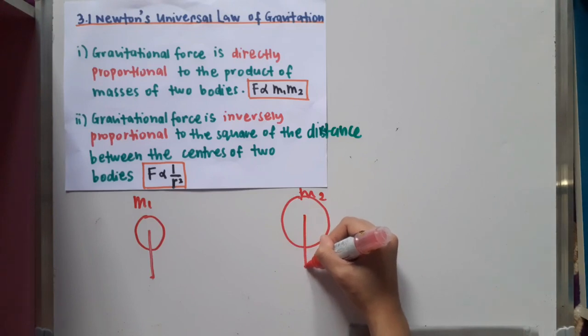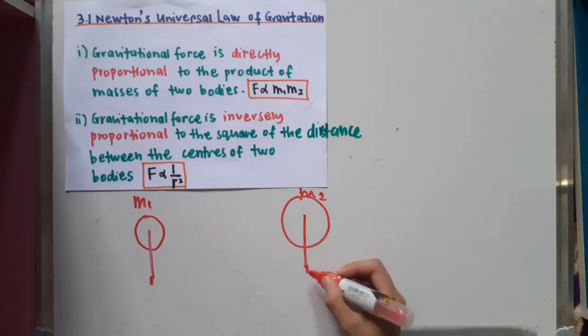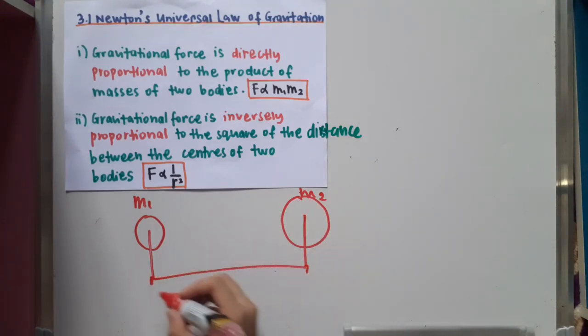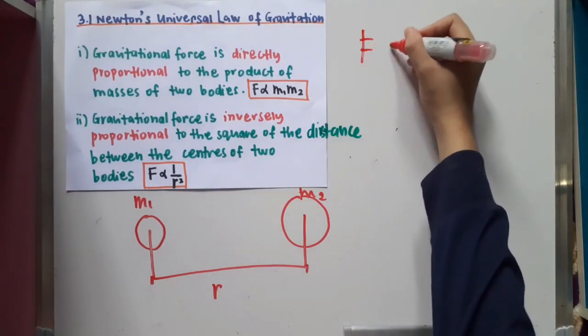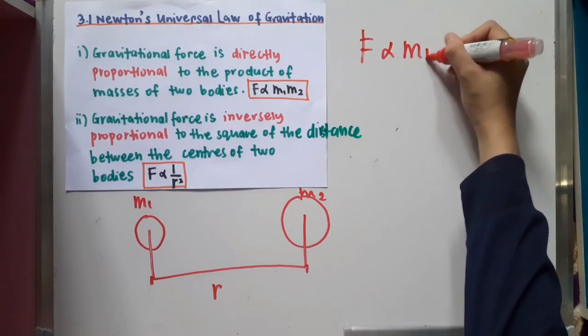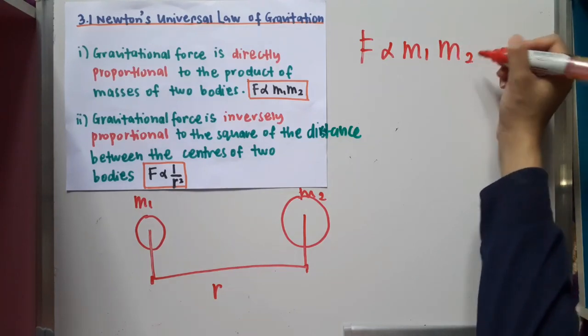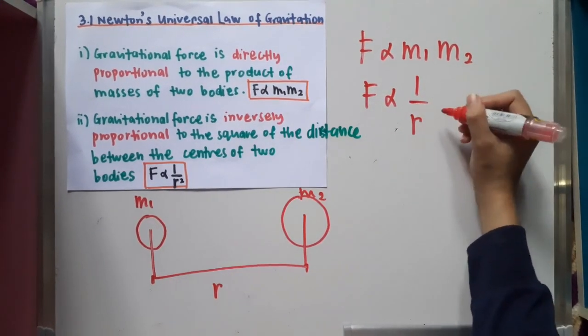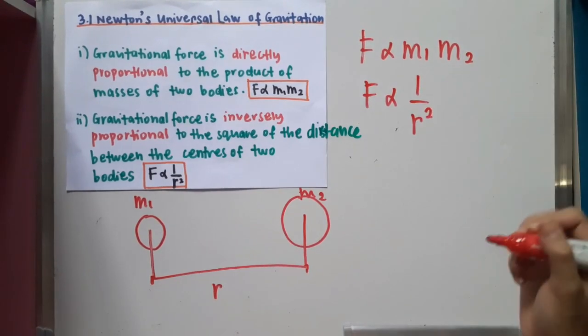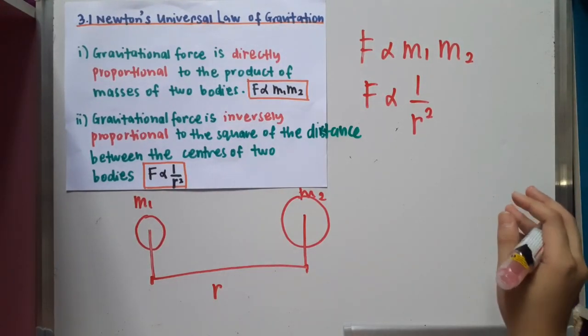So this is the center, and from here to here is r, the distance between the two bodies. So from this relationship, F is directly proportional to the product of masses of two bodies, and F is inversely proportional to the square of distance between the centers of two bodies.